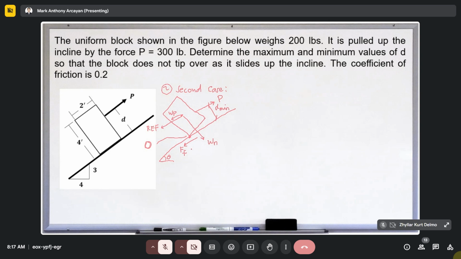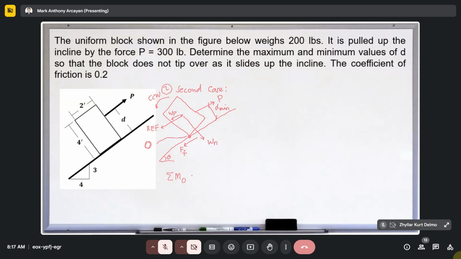This is our theta, and we have the frictional force. Then we will take summation of moment at O. This would be our new moment point now, because for the second case, it will overturn the block in a counterclockwise direction, so this point will be the pivot.